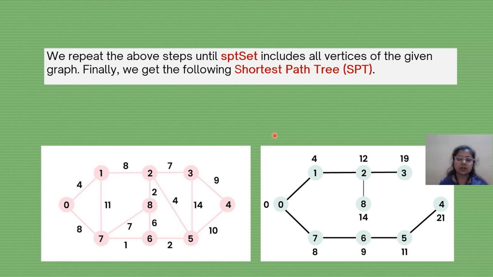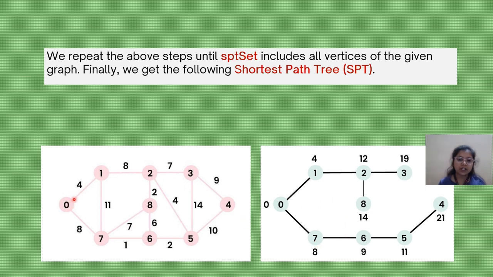So this is how Dijkstra's algorithm is applied for finding the shortest path between the source node and the destination node, that is 1, 2, 3, and the remaining 7, 6, 5, 4, all other nodes.